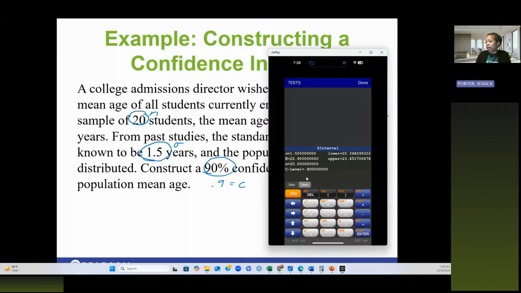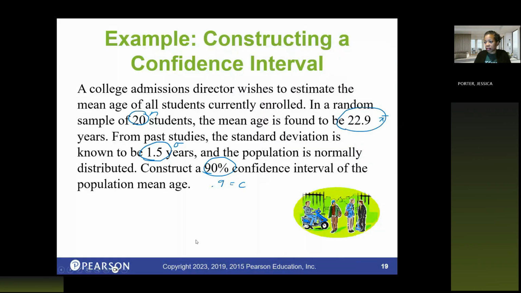So there again, we have the 22.3 to 23.45. All right. So make sure that, when we're trying these, you try them on your calculator, because if you come up with any errors or anything, we can work those out while we're here, and make sure we understand what to do with these problems.